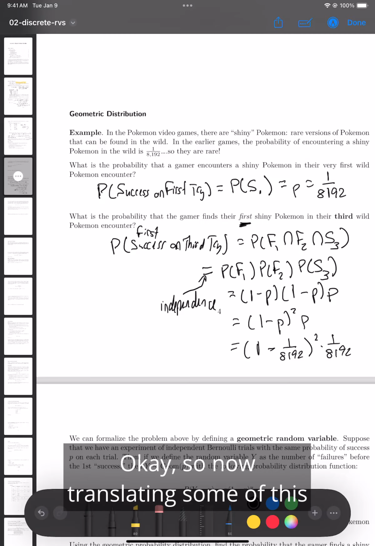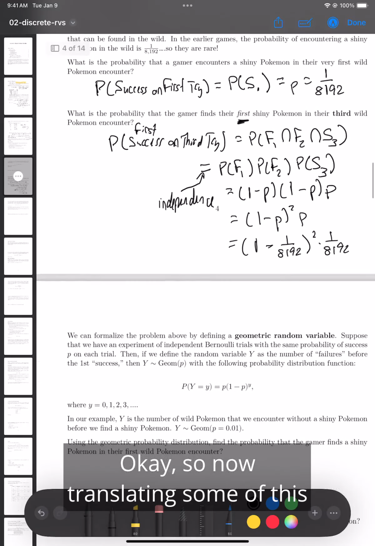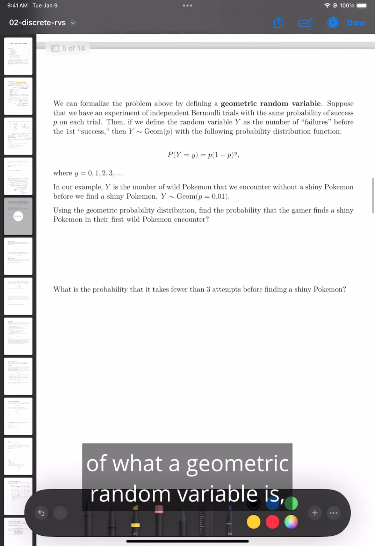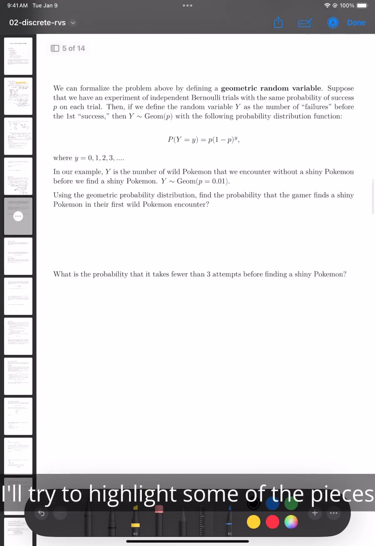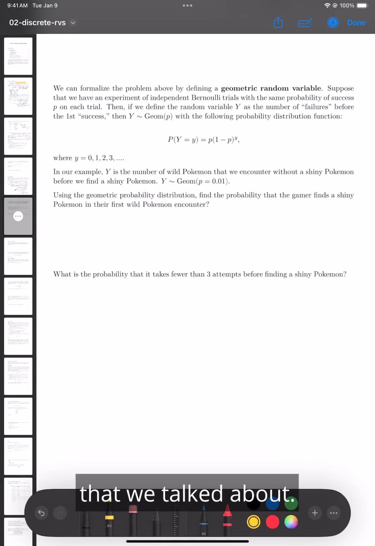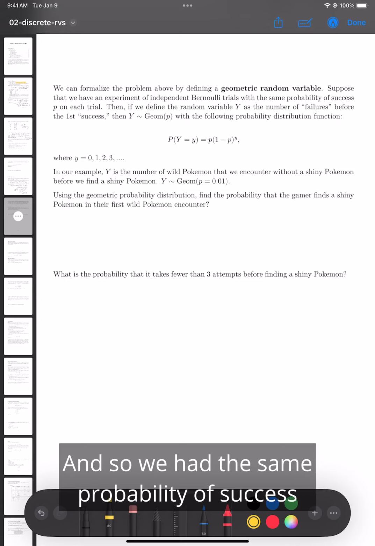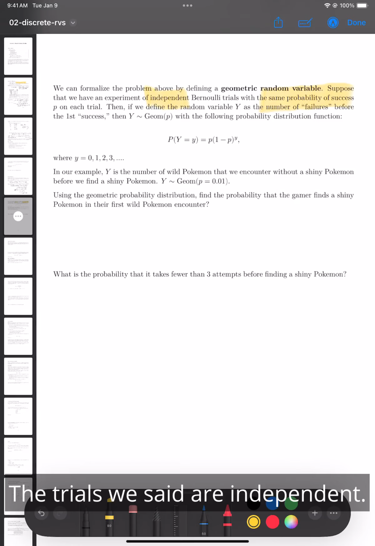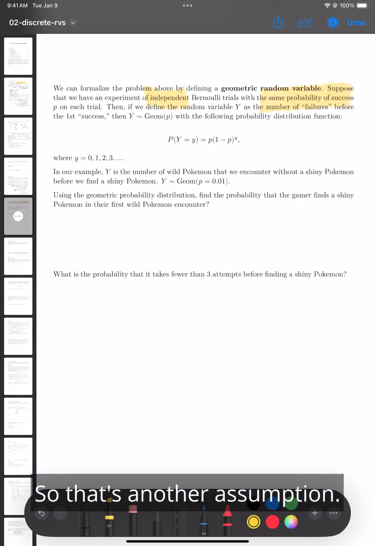Okay, so now translating some of this into a formal definition of what a geometric random variable is, I'll try to highlight some of the pieces that we talked about. And so we had the same probability of success on each trial. So that is an assumption that we have to make here. The trials, we said, are independent. So that's another assumption.